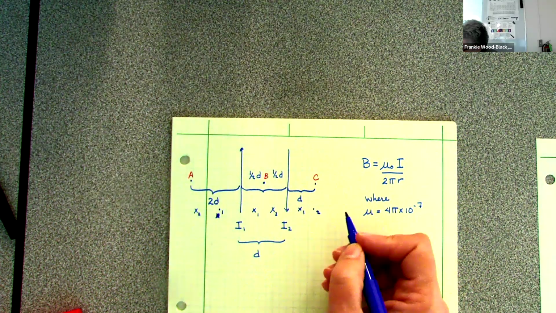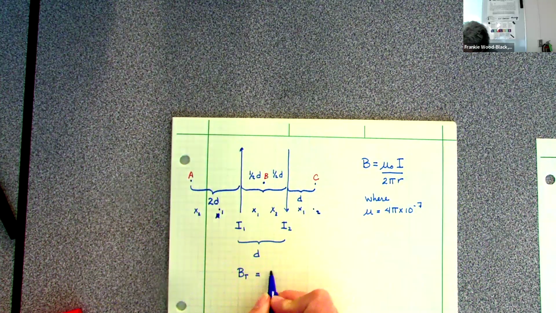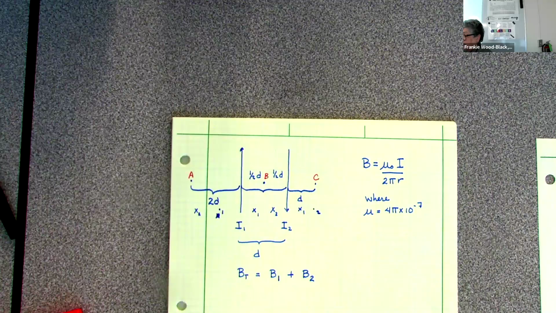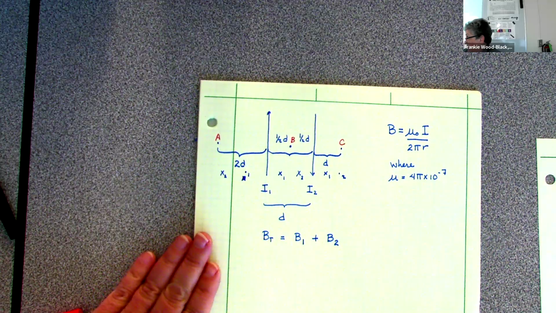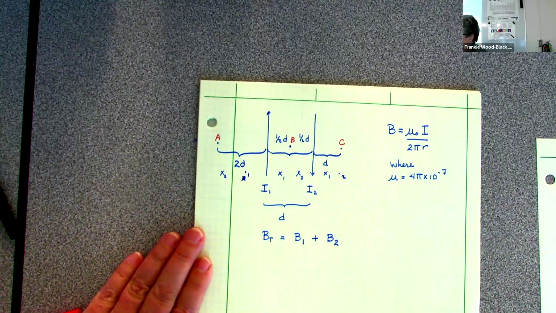I can add the magnetic fields. So the total magnetic field is going to equal the magnetic field from 1 plus the magnetic field from 2. I don't have to worry about my direction because we're accounting for direction based on my right-hand rule.